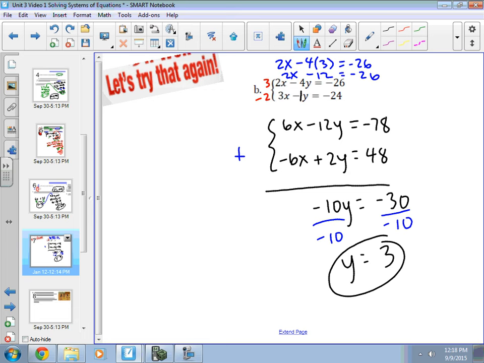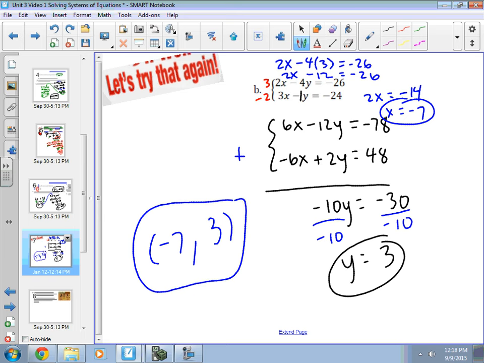If we add 12 to the other side, we got now 2x equals negative 14. And that ends up giving us negative 7 for x. So our answer would be negative 7, comma 3. That's the location, if we graph these out, where these two lines would intersect.